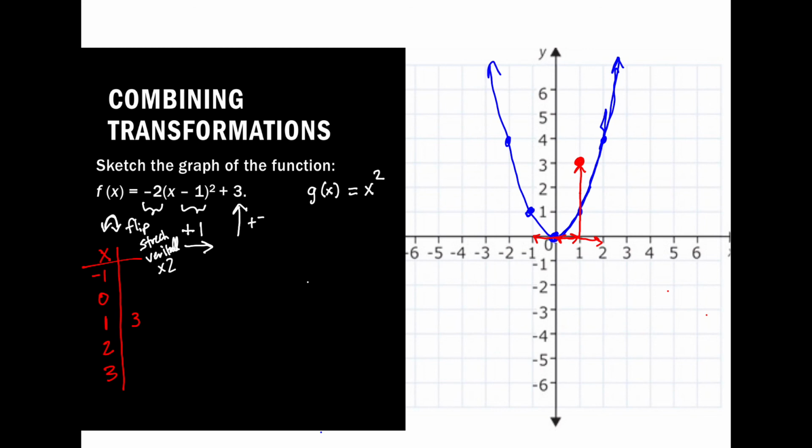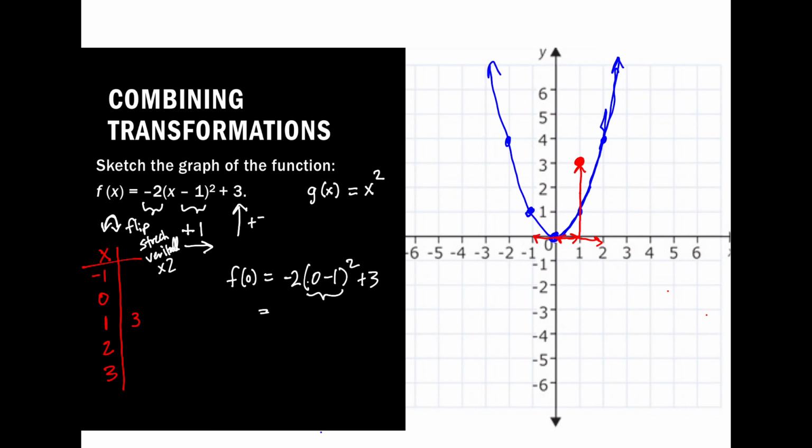And now it's a matter of plugging these in. I'm not going to use my original points because we've shifted it, so that messes them up. We're just going to plug these in. I'm going to find the f of 0, which is negative 2 times 0 minus 1 squared plus 3.